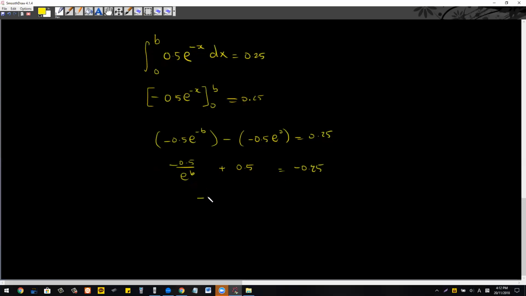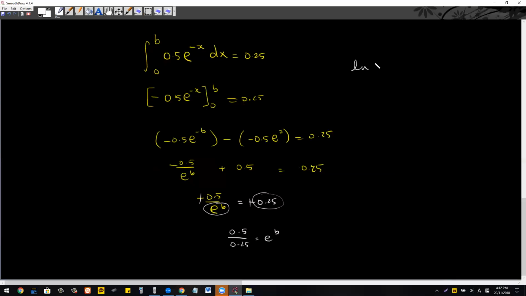So you get negative 0.5 over e^b equals negative 0.25, no negatives. Swap this one and this one, so you get 0.5 over 0.25 is equal to e to the power of b.